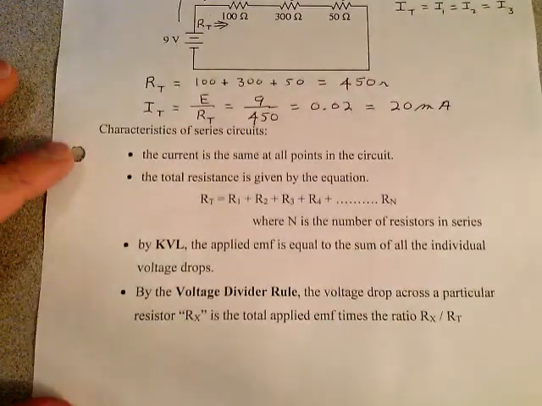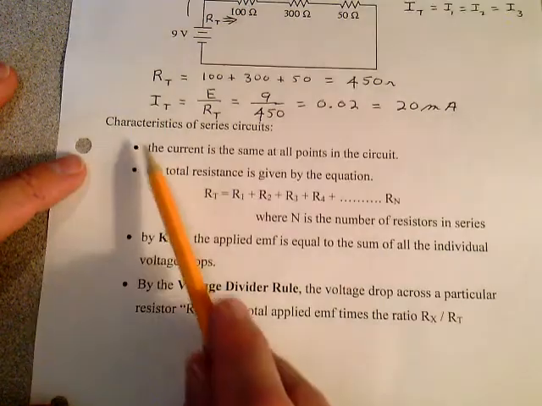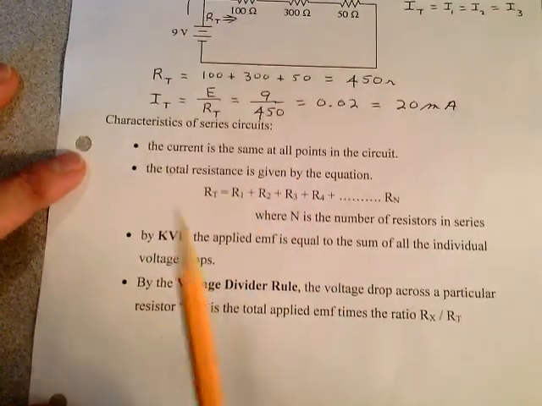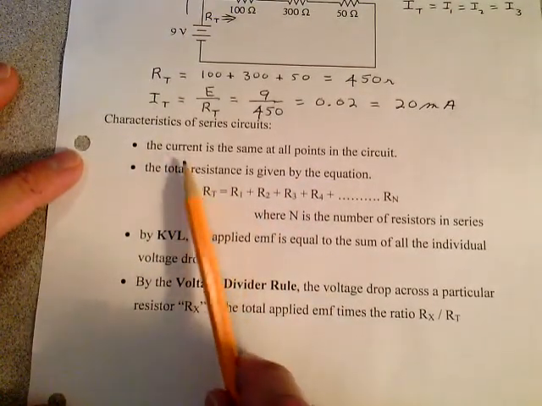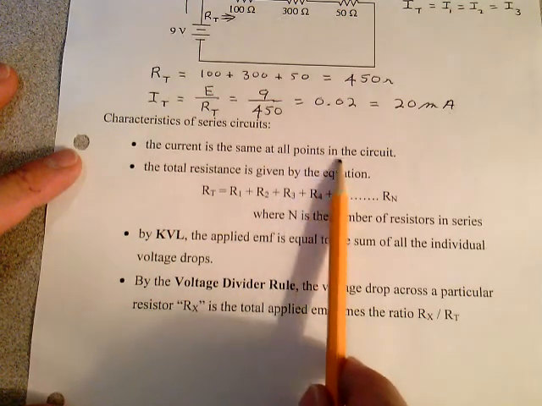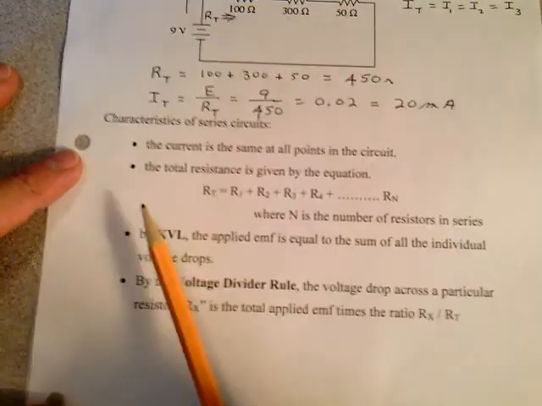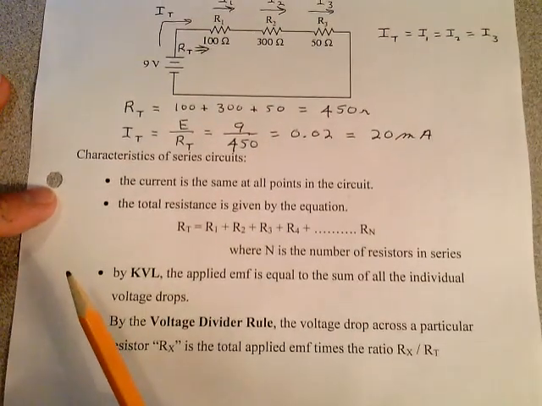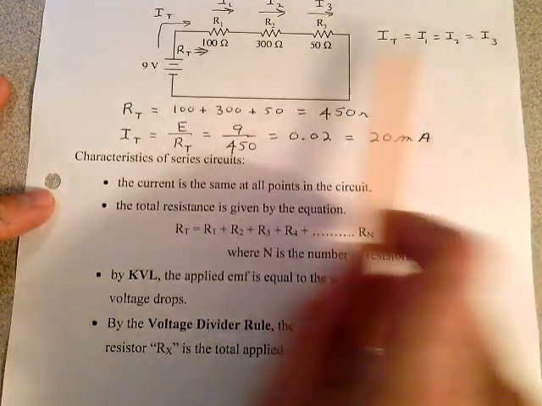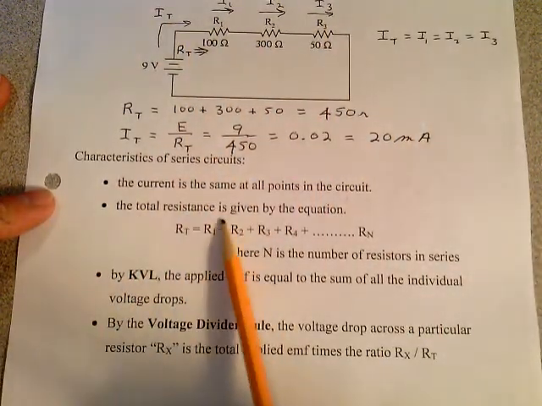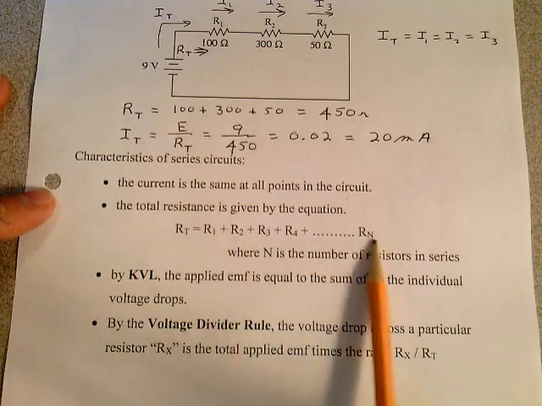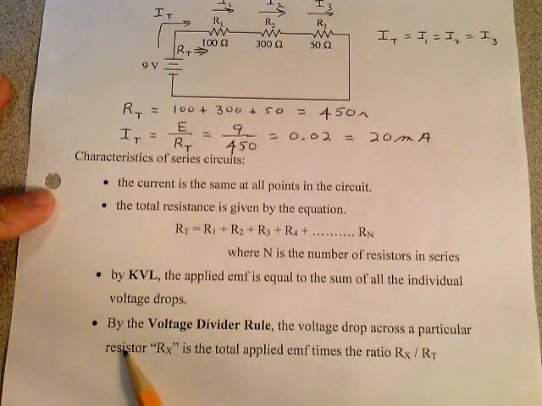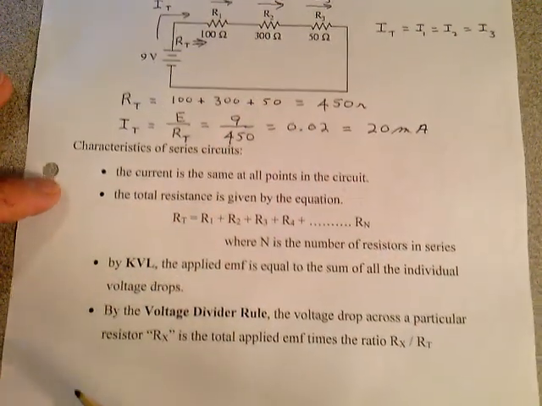Characteristics of a series circuit. How do you know you have a series circuit? And when you do, what are the characteristics of it? The current is the same at all points in the circuit. That's a characteristic of a series circuit, and you can see that from up here, and I explained it. The total resistance is given by the sum of all the resistances. I explained that up here.